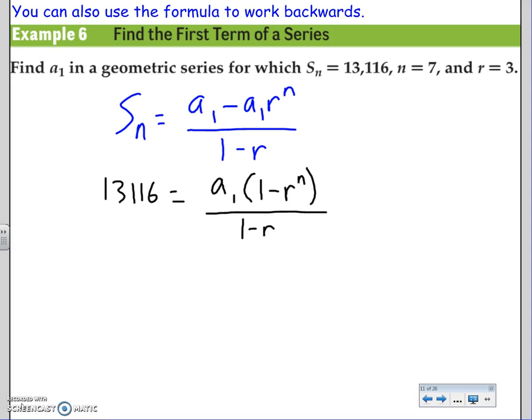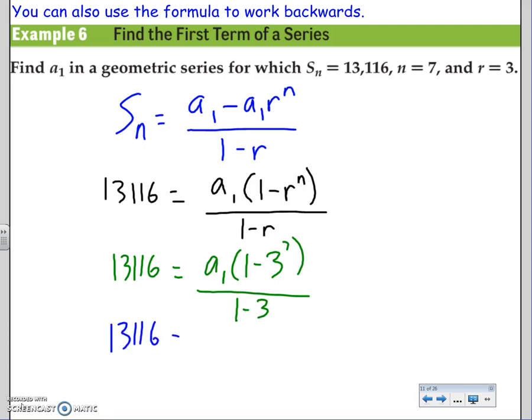So I could do a lot of things. Let me plug in r first, to make life easier. a sub 1 times 1 minus 3 to the n power, which is 7, over 1 minus 3. I can simplify some things. 13,116 equals a sub 1 times that inside, which if you put in the calculator, you get negative 2186 over the bottom, which is negative 2.